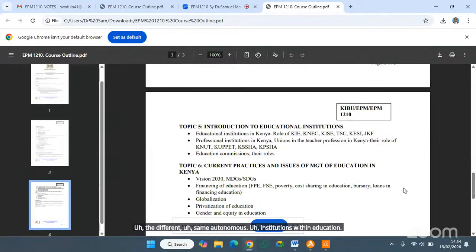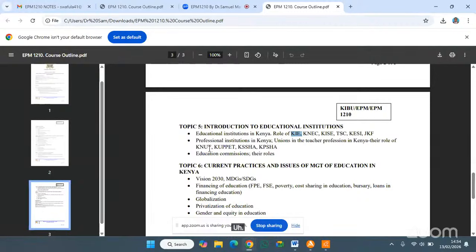Then we look at additional educational institutions, like the Kenya Institute of Education, now called the Kenya Institute of Curriculum Development, the Kenya National Examinations Council, Kenya Institute of Special Education, Teachers Service Commission, and Jomo Kenyatta Foundation. They have a link to education.